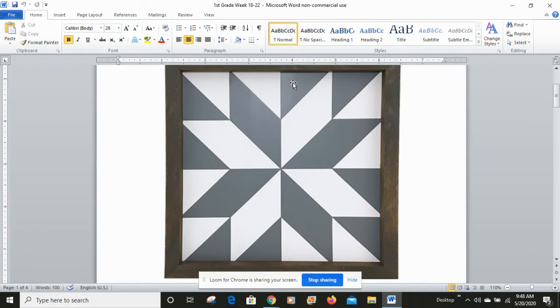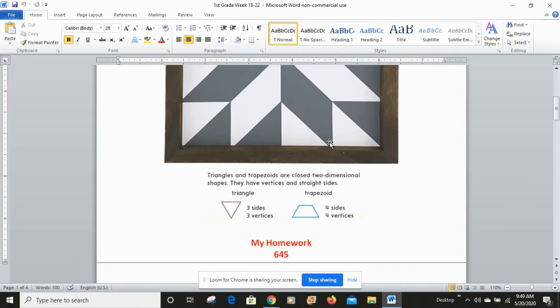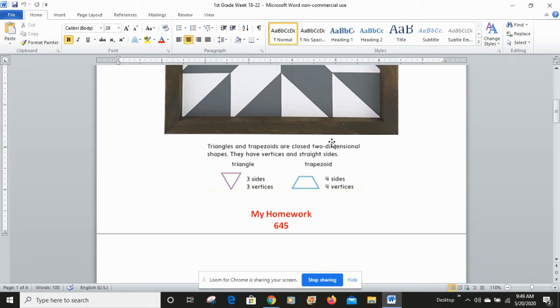You can see some of these in the white and the dark gray, and some of these 4-sided shapes here in the white and the gray. So really there's only 2 shapes here. It looks like there's a lot more, and it makes a cool design, but there's really only 2 shapes involved here. And those 2 shapes are called triangles and trapezoids.